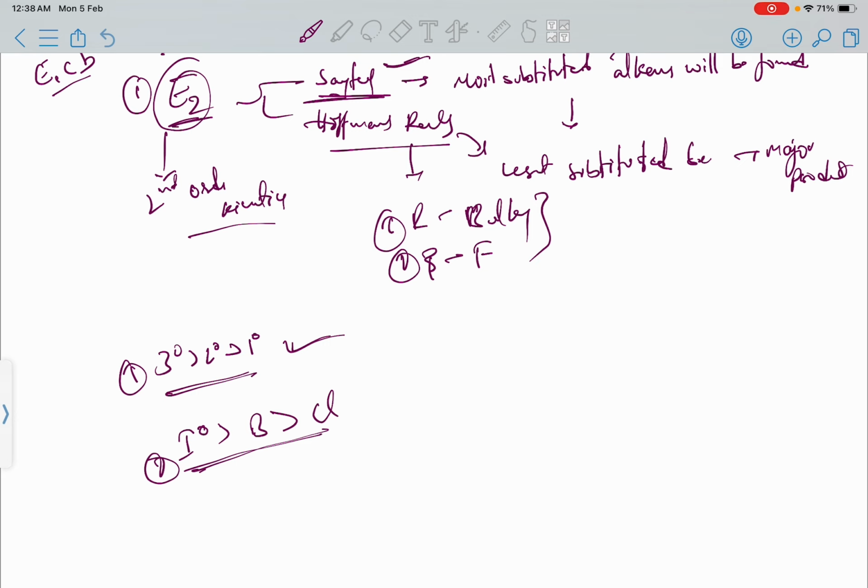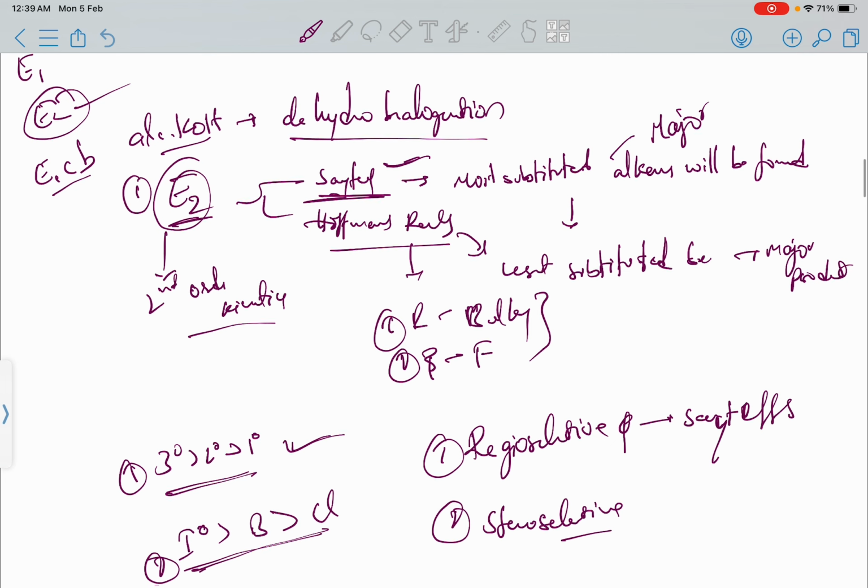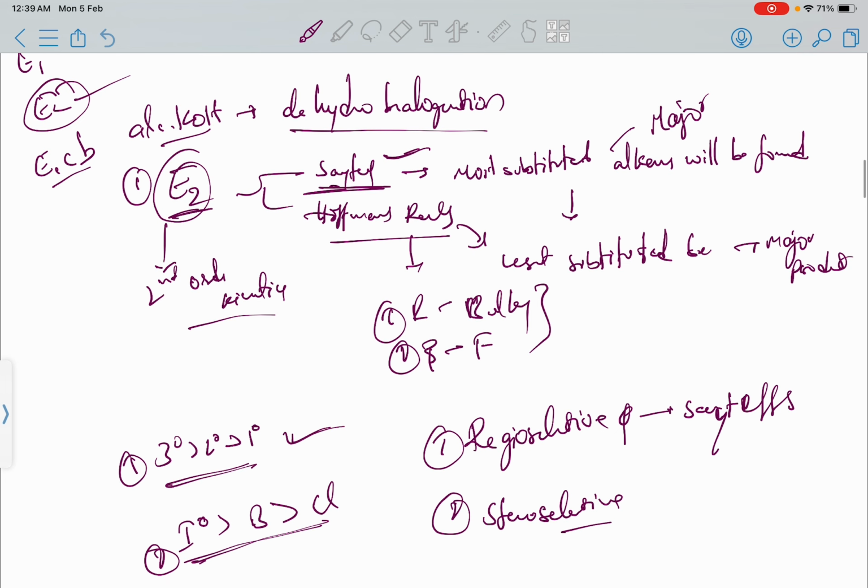You must remember that it is regioselective according to Zaitsev's rules. It is regioselective as well as stereoselective. E2 reactions are regioselective as well as stereoselective.